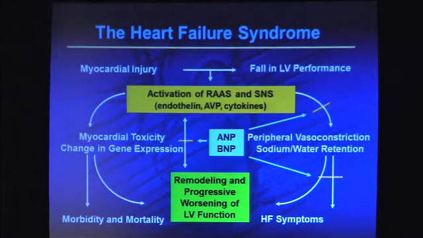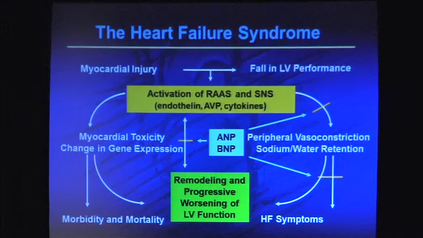And when I talk about heart failure, it really is a syndrome. So you have some reason to have myocardial injury, and you've heard about some of those things today. That triggers an almost irreversible cascade of events that results in a lot of different things. But at the end of the day, it changes the way the heart muscle works. And it's through complex signaling mechanisms and programmed cell death and other things.